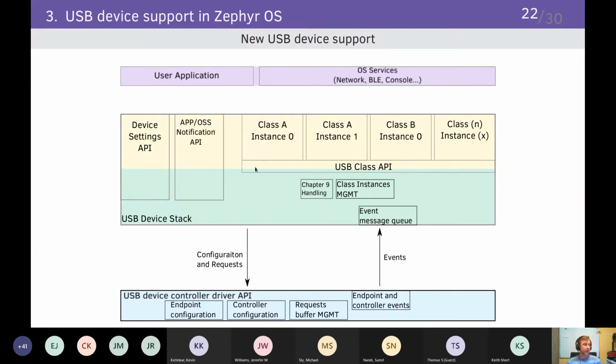And I have a draft for a notification API, some kind of. Unfortunately we don't have something like GBus in Zephyr that we could use for events like USB connected, disconnected, or suspended, and so on.